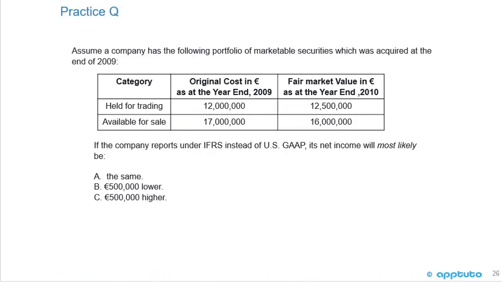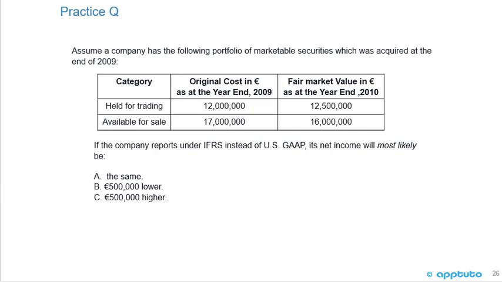Another practice question. Assume a company has the following portfolio of marketable securities, which was acquired at the end of 2009. So there's two categories, held for trading and available for sale. The original cost in euros, as at the year-end 2009, held for trading 12 million euros, available for sale 17 million euros.